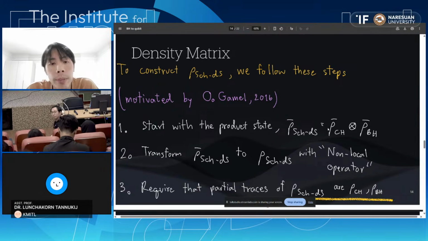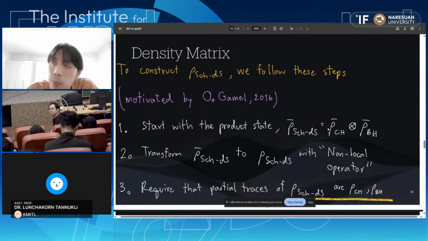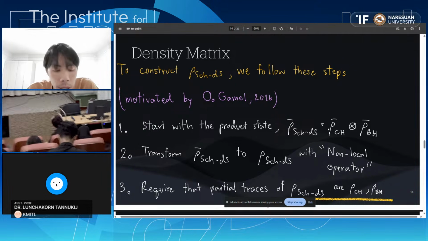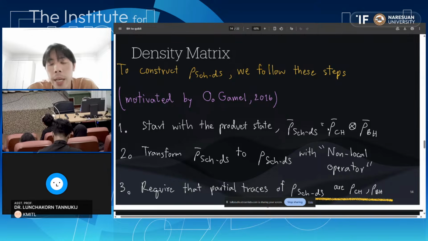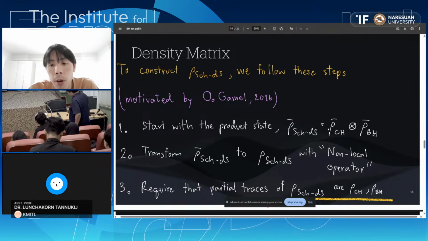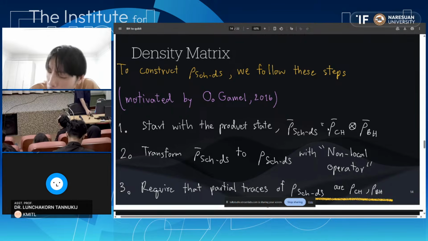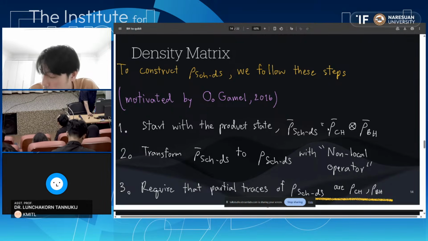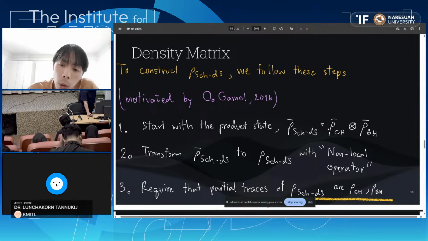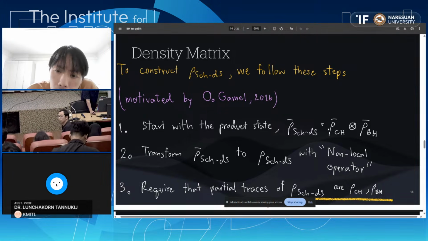When I was doing this work, I kept searching for all the things that seemed to be involved, but I really don't know if there is any other, more general one. You mean more general non-local operators, right?